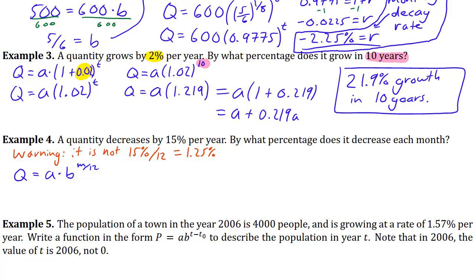Let's think of it this way. The B here, I can do it this way because I know what happens every time the number of months goes up by 12. So the B is going to be what is the yearly growth factor, which is what you get after 12 months. So that is going to be decreasing by 15%.